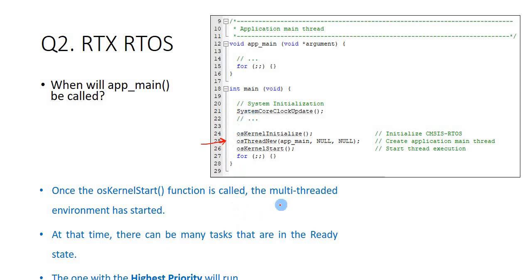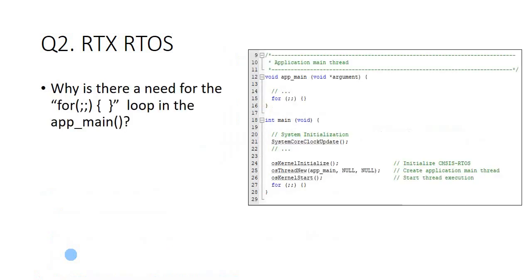At that point of time, the scheduler will look at the ready queue and select the one with the highest priority to run. That is the important thing here. It is not a typical function call. It is a kernel call where the decision lies within the scheduler. Now, the for loop in the app main, why is it there?